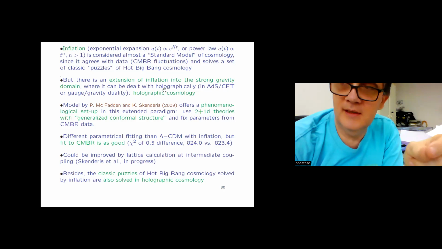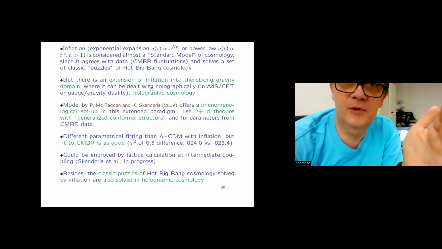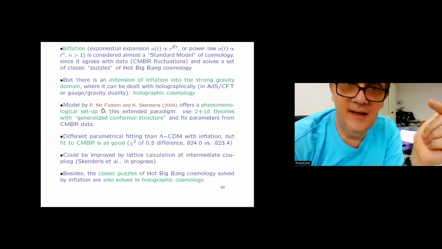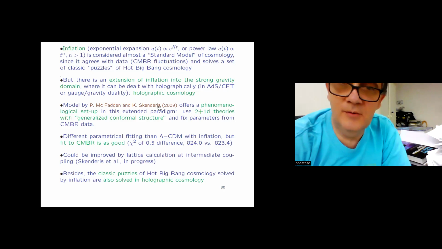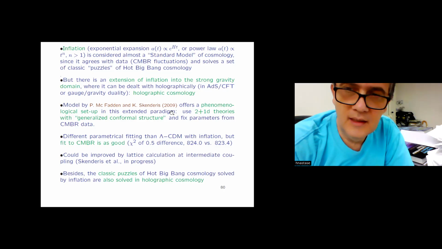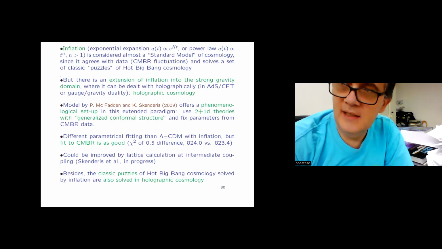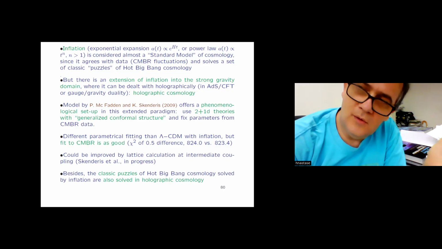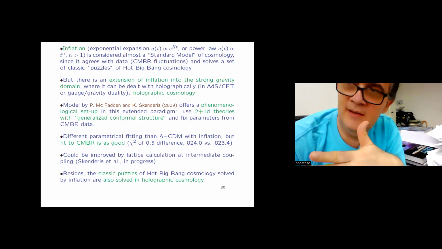So the specific holographic cosmology I'm talking about is this setup here. And moreover, the phenomenological setup defined by McFadden and Skenderis in 2001, which uses specific types of 2+1 dimensional quantum field theories, ones with so-called generalized conformal structure that I will define. So not conformal invariance, because it doesn't correspond to AdS, but generalized conformal structure.